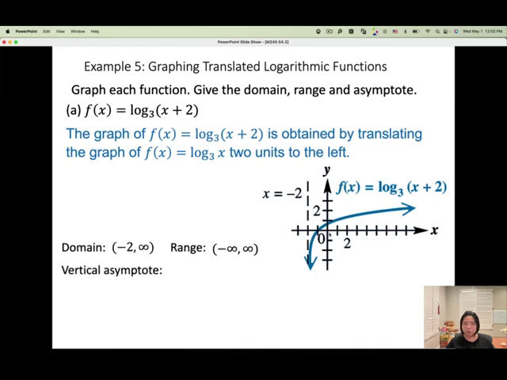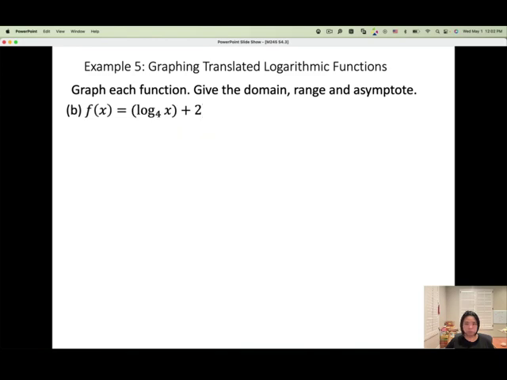That would be the vertical asymptote. And then the domain, since we shift the whole graph to the left 2 units, becomes from negative 2 to positive infinity. The range, same thing, all real values. Vertical asymptote, x equal to negative 2. Okay, try one more.